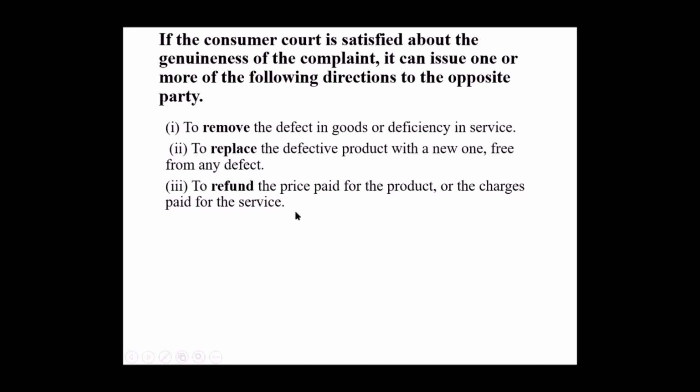Again, going back to the same example, you bought a mobile and it is not working properly. You filed a case and you won that case. In that case, the court will order the company to refund the price which you paid for that particular product. So it's very easy if you remember these three keywords: remove, replace, refund.